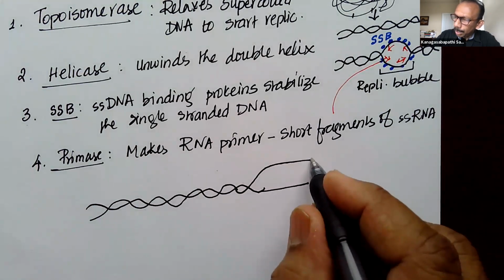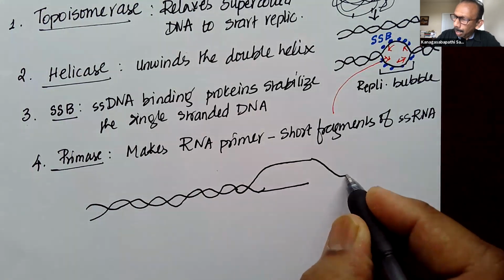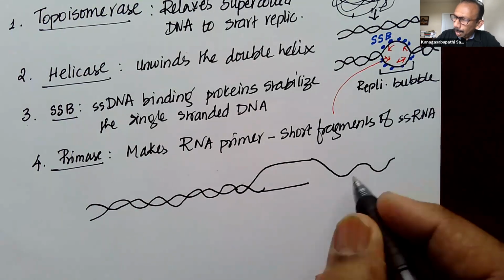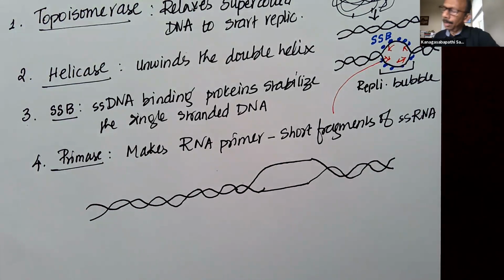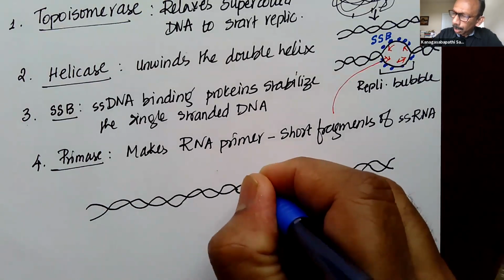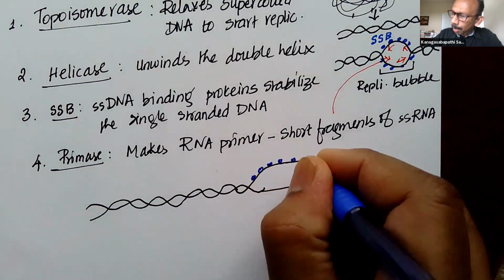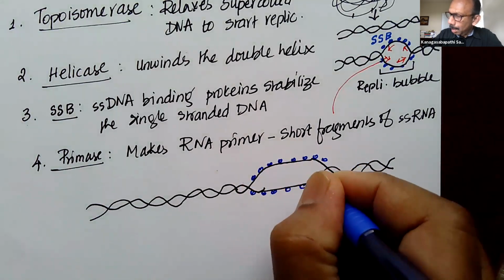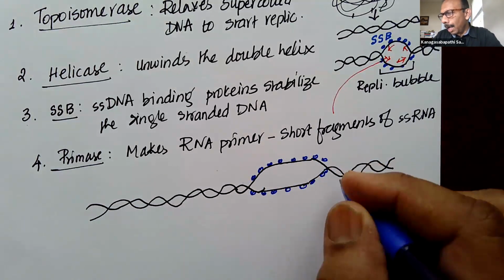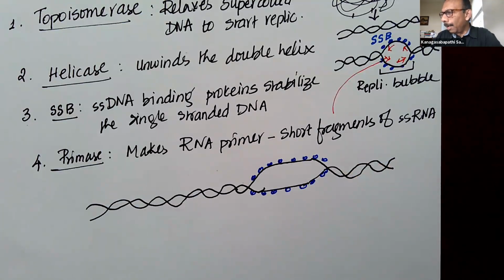So that's your replication bubble, and it is open right there. Okay. So within this, what has happened is single-stranded DNA binding protein is bound all around. And the enzyme that opened up the DNA, we call the helicase.